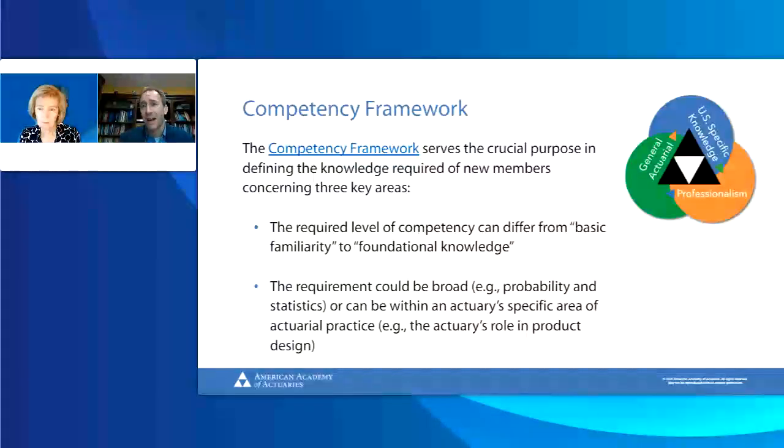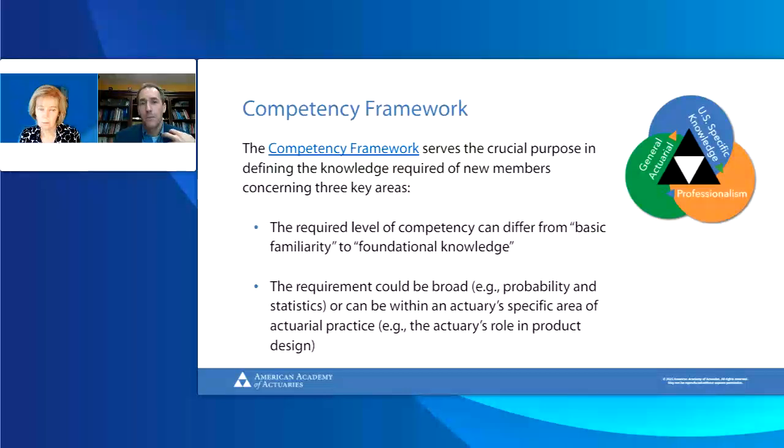So just to tee up the competency framework, there are links at the back of this presentation, and I encourage everybody to familiarize yourself with what is in the competency framework. But it's important to recognize that there are 14 competencies, and within those competencies there are different levels of knowledge that might be expected of someone seeking to join the Academy.